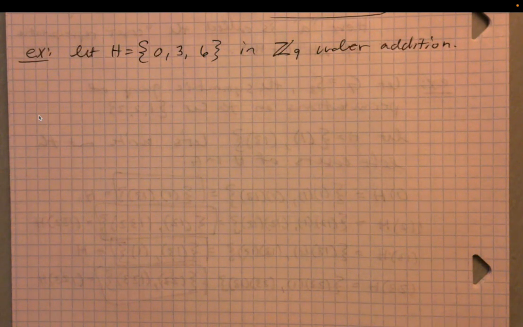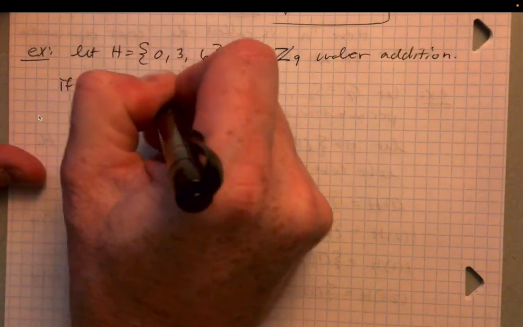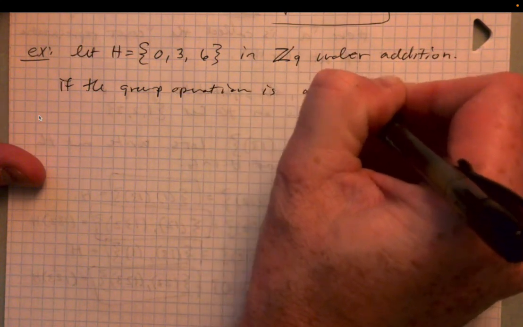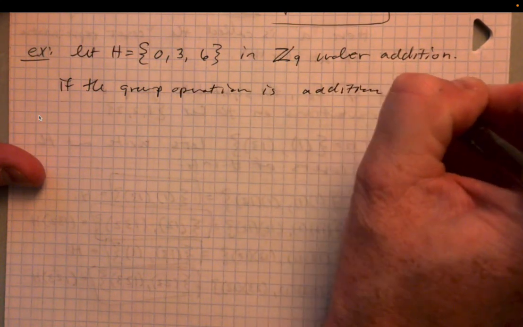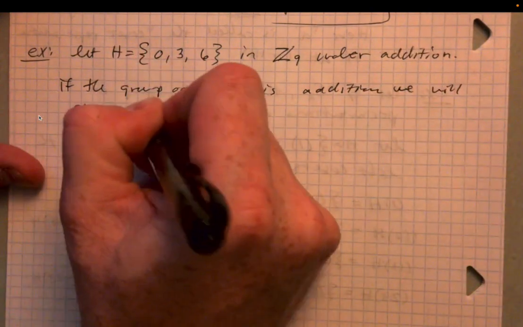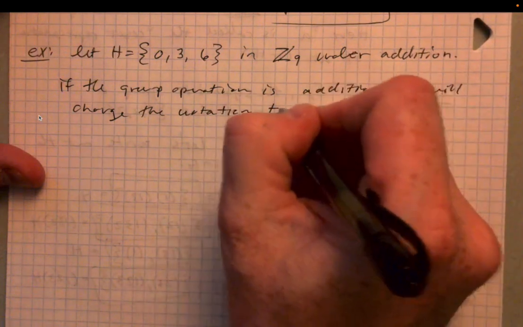So in the case where the group operation is addition, we want to change the notation a little. If the group operation is addition, we'll change the notation to reflect this.